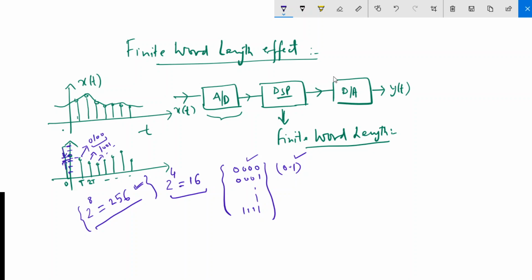So you have a continuous time analog signal, you have a sampler which samples the signal at discrete intervals of time. You get a discrete time but still analog signal. And then you quantize these amplitude levels, you discretize it depending upon what is the word length.